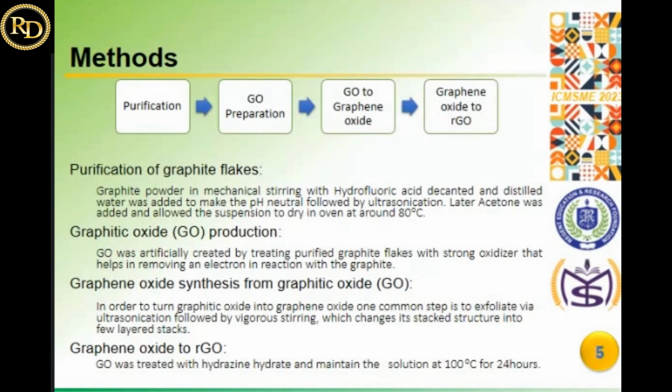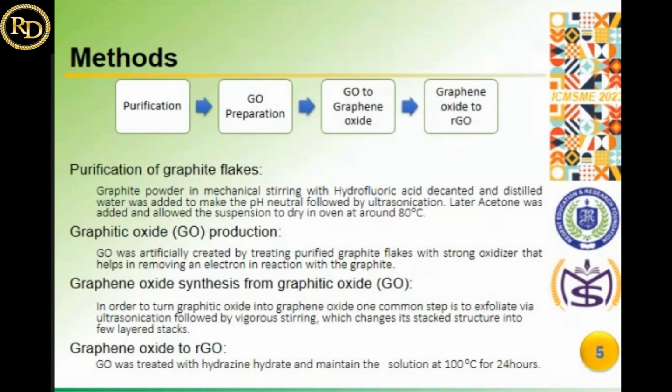Coming to slide number 5, these are the preparation stages we went through for getting the reduced graphene oxide. First, we purified the graphitic flakes: we mixed graphite powder with hydrofluoric acid, decanted it, and washed it with distilled water to make the pH neutral, because for its variety of uses we must keep the pH neutral.